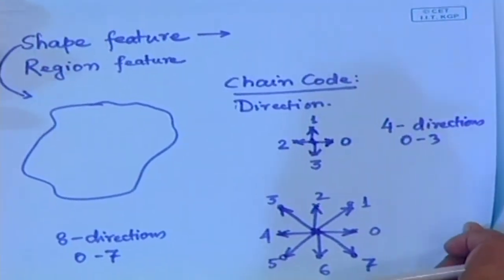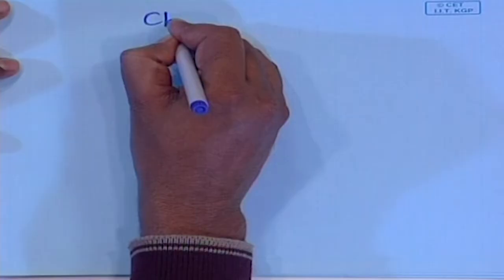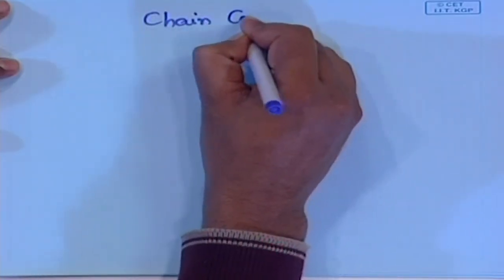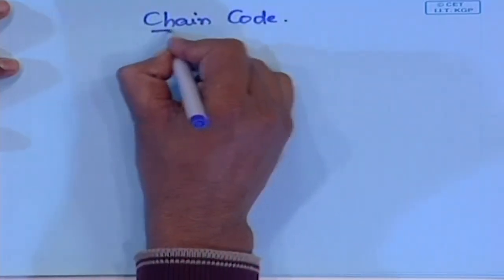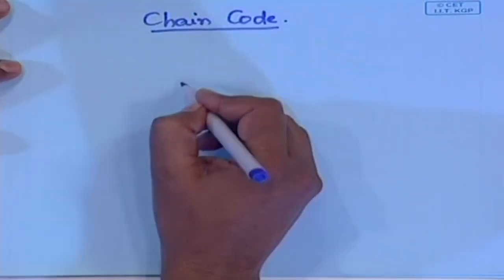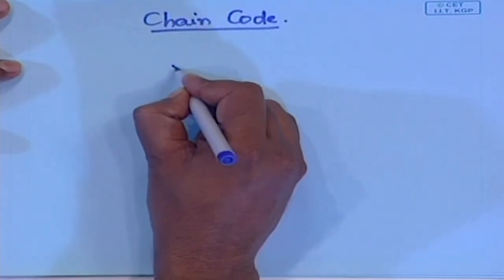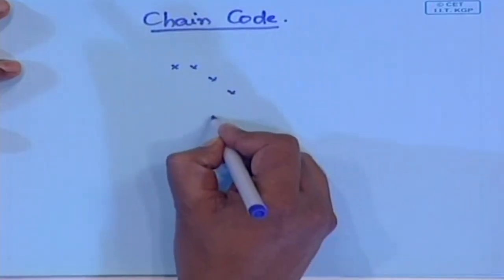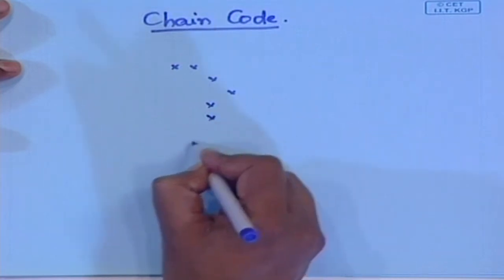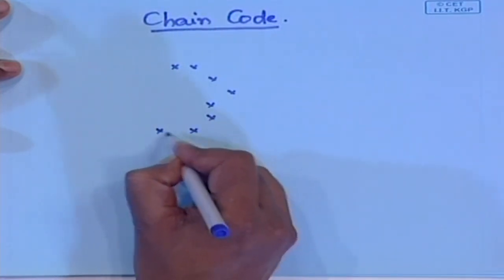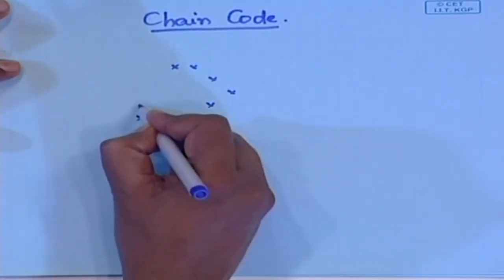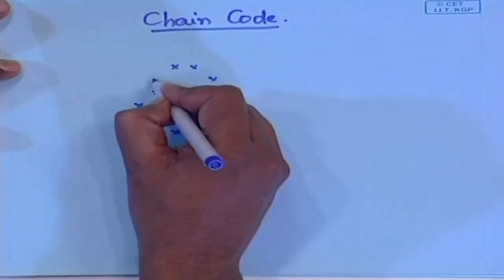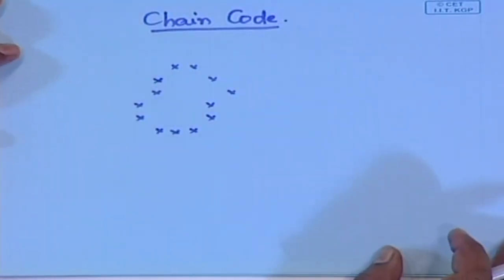Okay. So suppose I have a shape something like this. So we are talking about chain code. Suppose I have a boundary something like this, of this form.